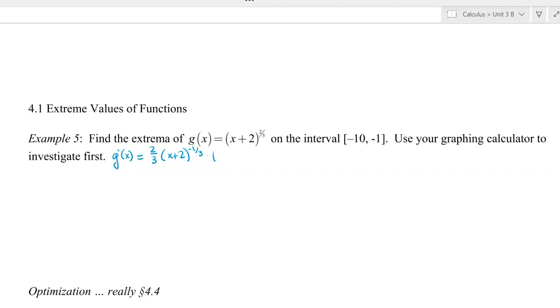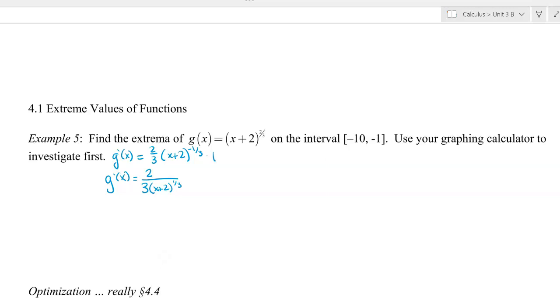Alright, so cleaning this up, g prime of x is going to be equal to, that 2 is going to stay up top, over 3 times (x + 2) to the positive 1/3.